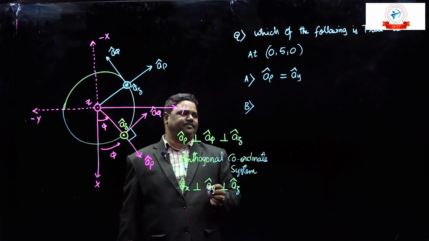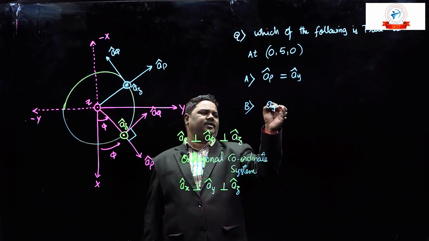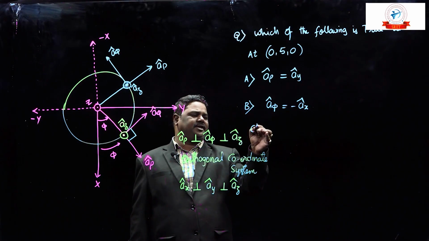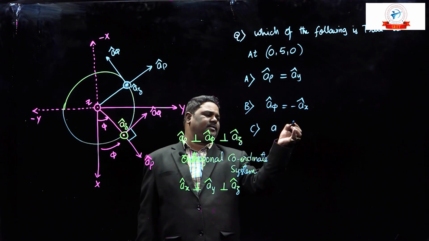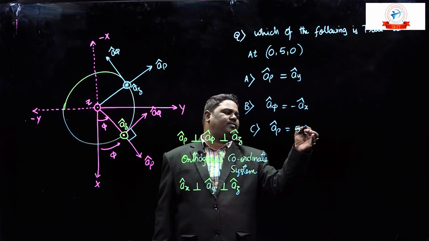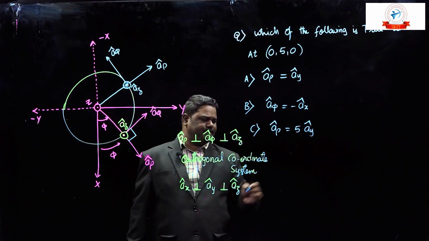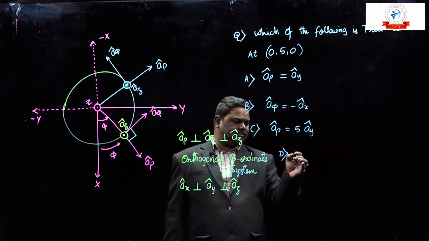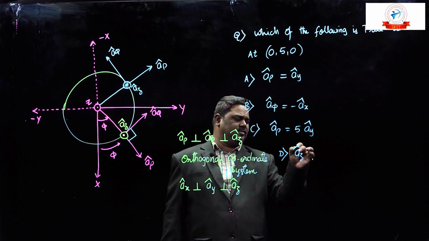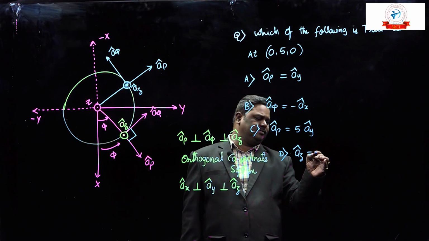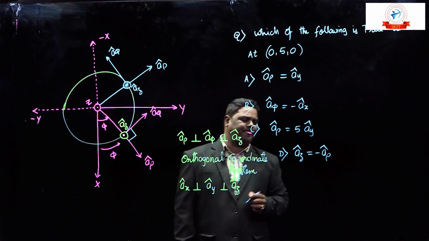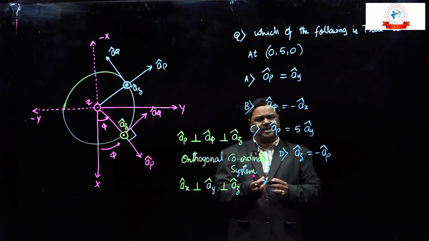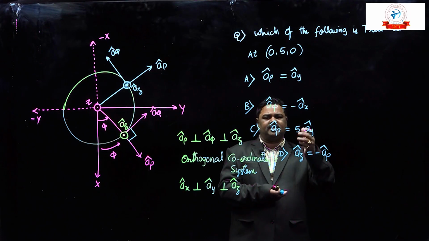Option B, aφ cap is equal to minus ax cap. Option C, aρ cap is equal to 5 ay cap. Option D, az cap is equal to minus aρ cap. Here there are multiple answers, not just one option; the answer is more than one option.